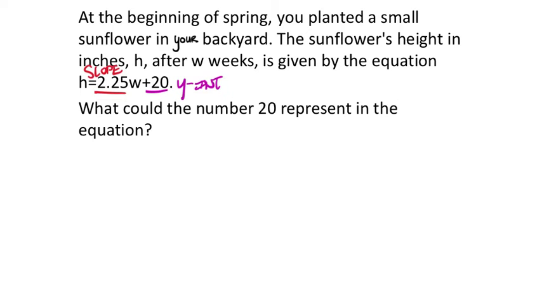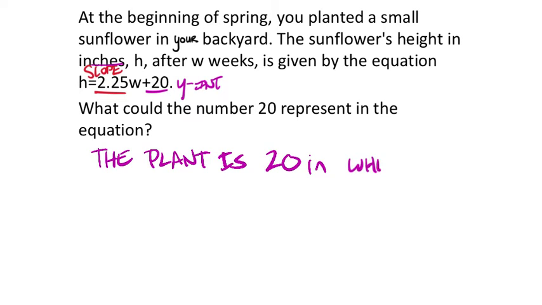So the plant, or I guess the sunflower, I'm going to write plant because it's a shorter word, the plant is 20 inches when you planted it. If you want to be more specific, planted it in your backyard, but I'm good with this.